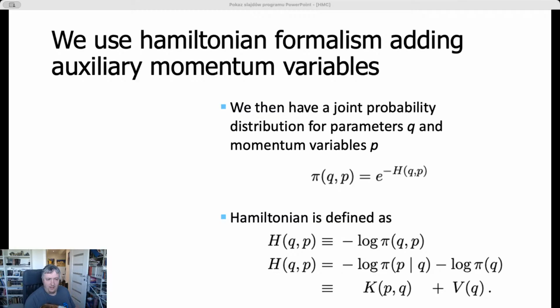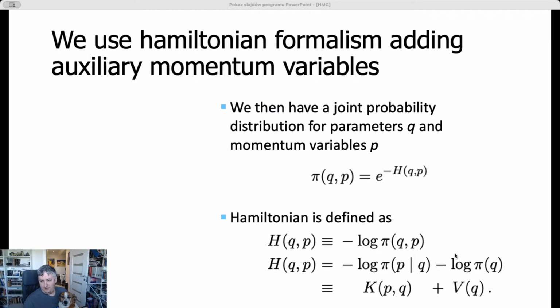So, regarding our Hamiltonian formalism, we defined it as a negative logarithm of the joint probability density function, which is generally a numerator of the posterior, which, as we said before multiple times, is enough to sample from the distribution.